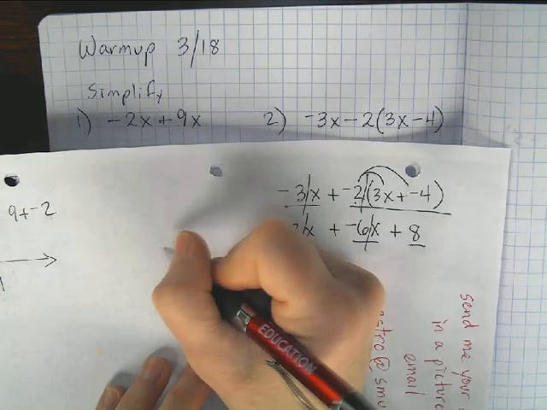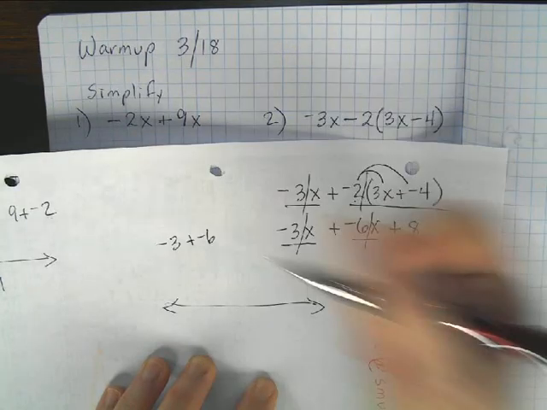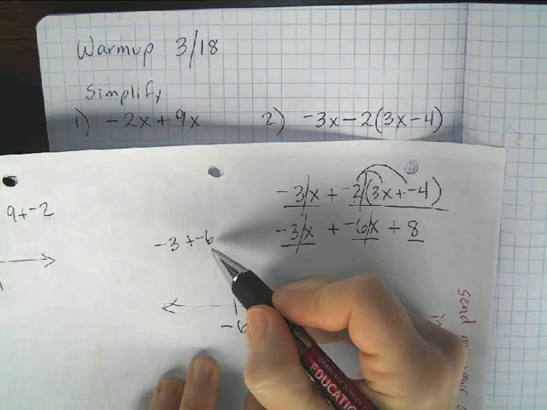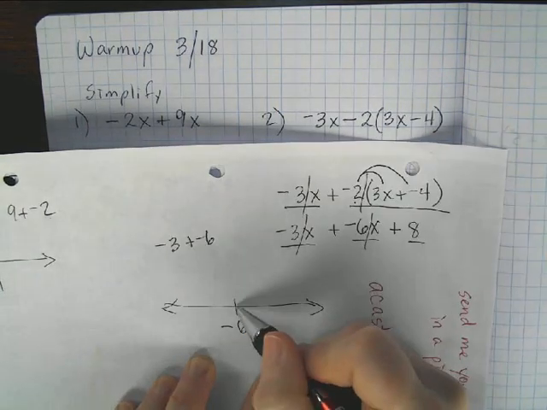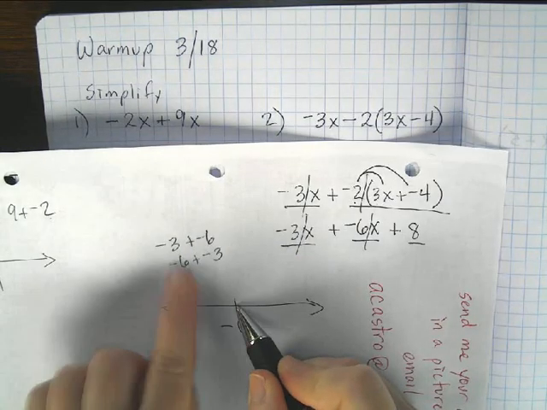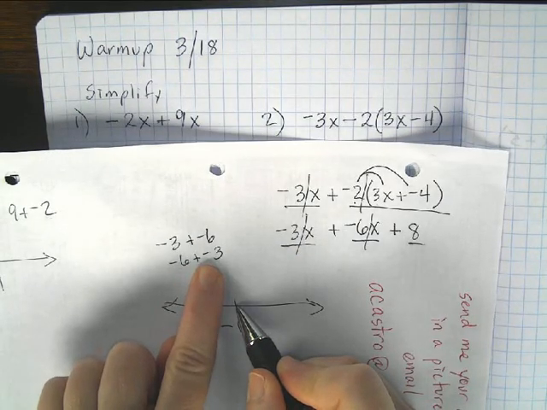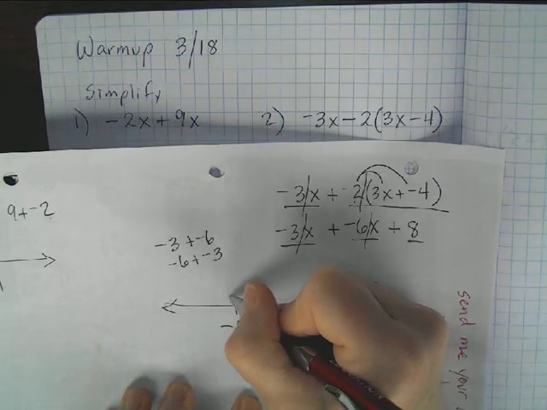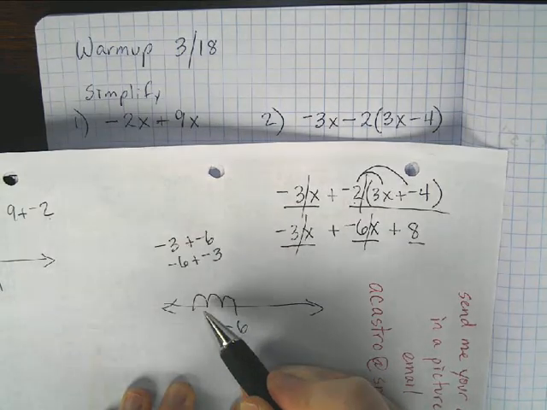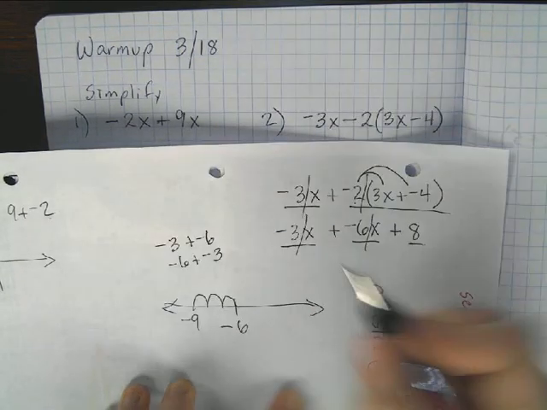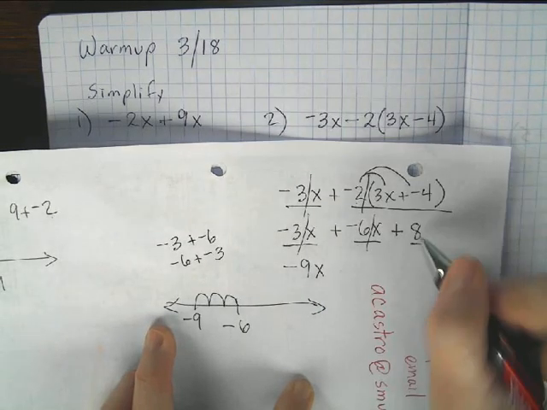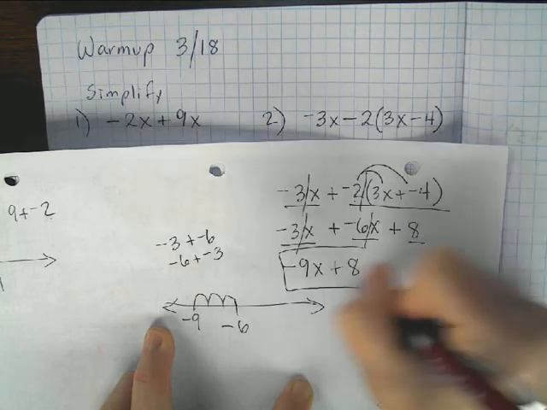I like to start with the bigger number, or the one that looks bigger. -6, this is the same as -6 plus -3. I start at -6, -3 is 3 spaces to the left. 1, 2, 3. So that would be -7, -8, and -9. So these two combined together is -9x, and then I keep my plus 8. There's my answer for number 2.